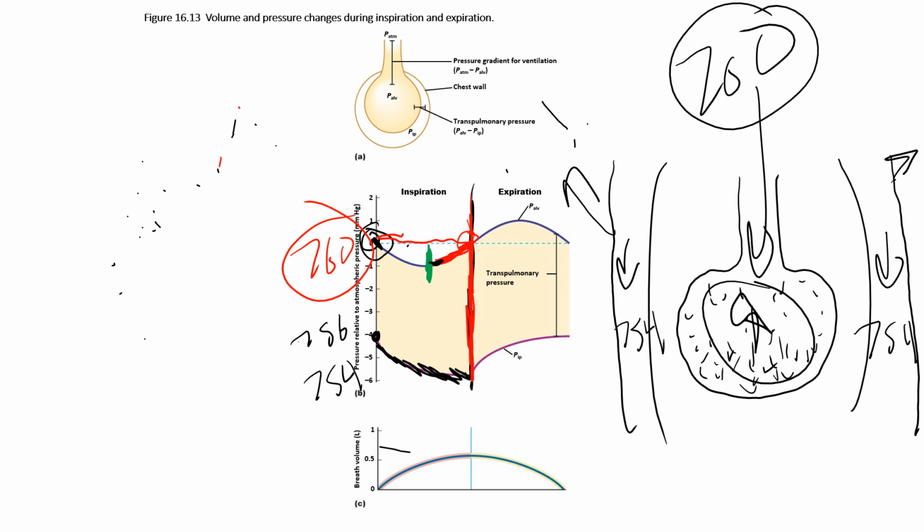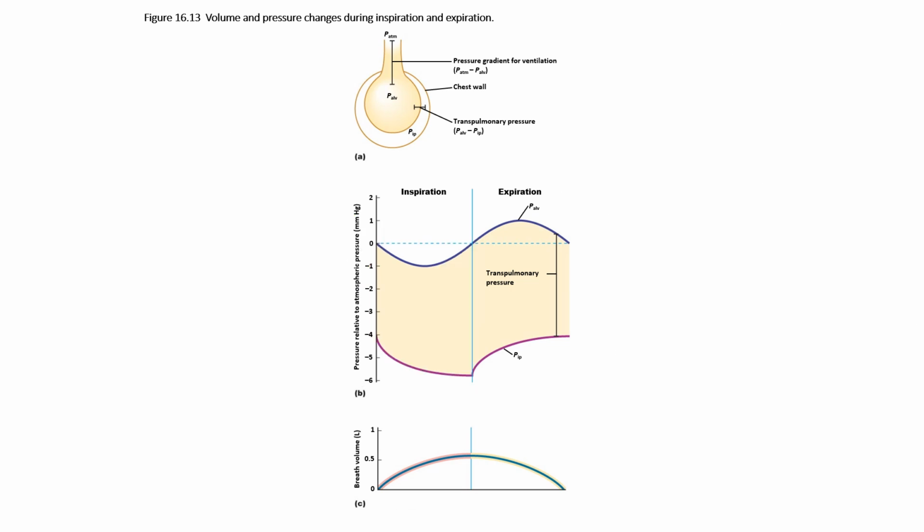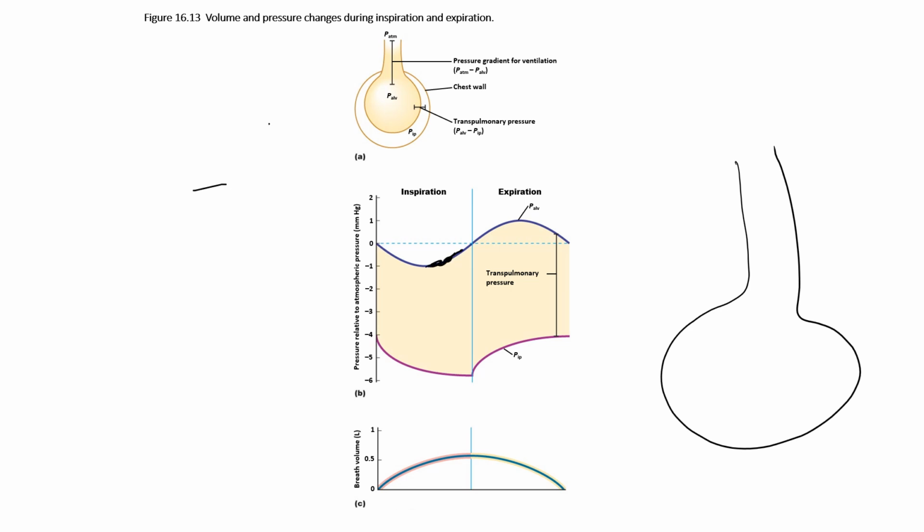The air pressure in the lungs increases during the second half of inspiration, and intra-alveolar pressure will continue to increase during the second half of inspiration until it equilibrates with atmospheric pressure. So at the end of inspiration, intra-alveolar pressure will actually rise back up to 760, which is exactly the same as atmospheric pressure, which is 760.